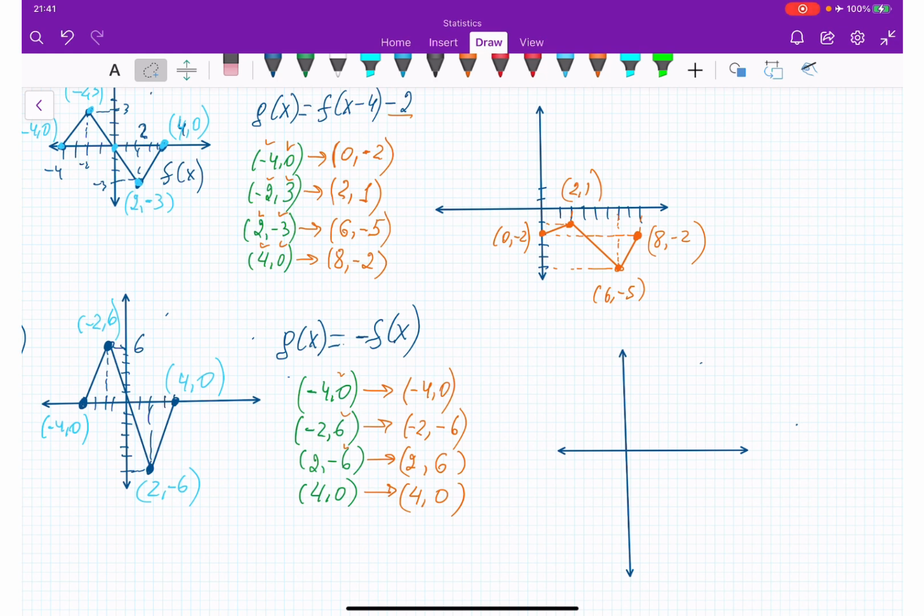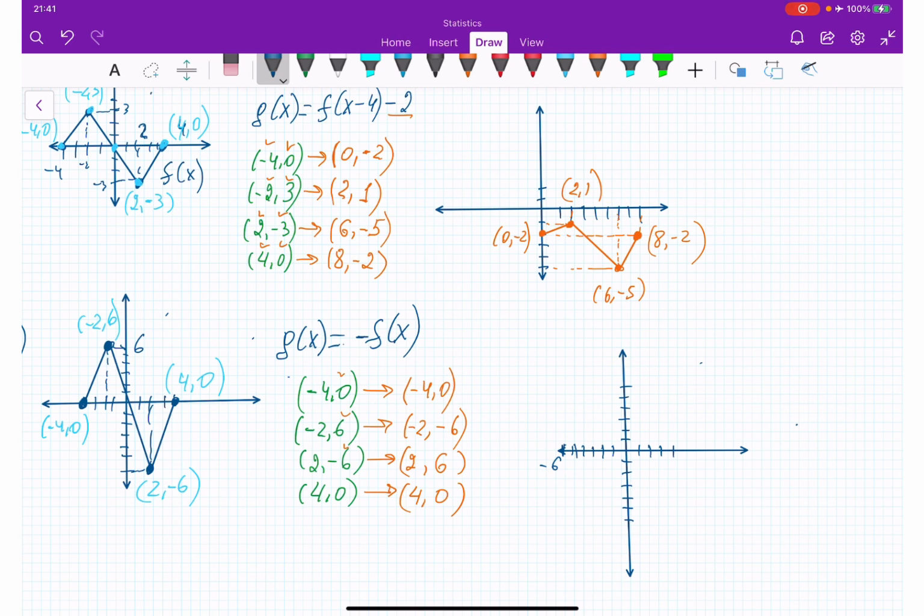Okay, so I need here 1, 2, 3, 4, 5, 6. Okay, I have 1, 2, 3, 4, 5, 6. I need here -4. 1, 2, 3, 4, 5, 6. This is 6, negative 6, and here positive 4 is enough. 1, 2, 3, 4.